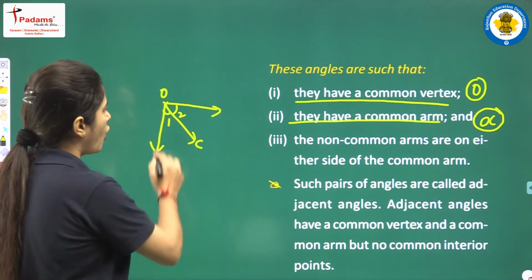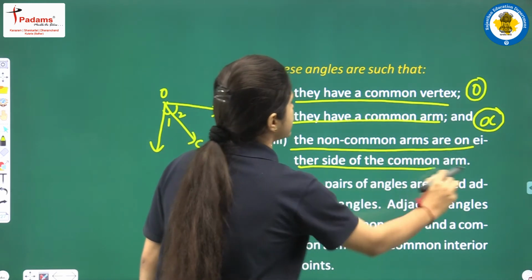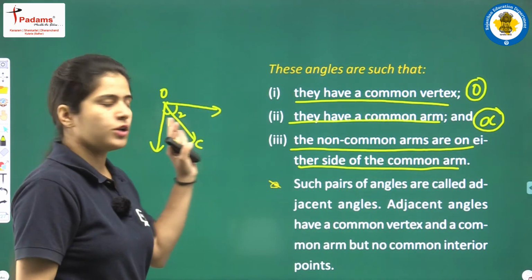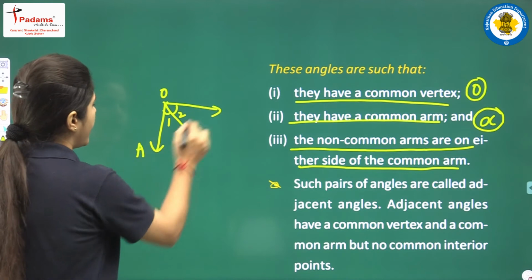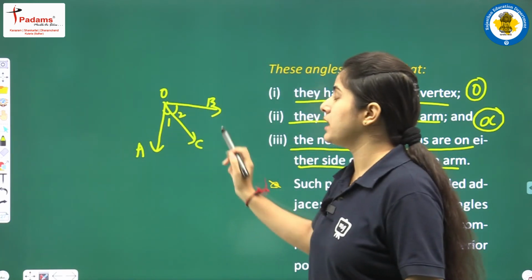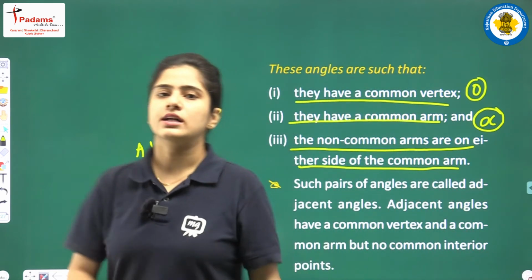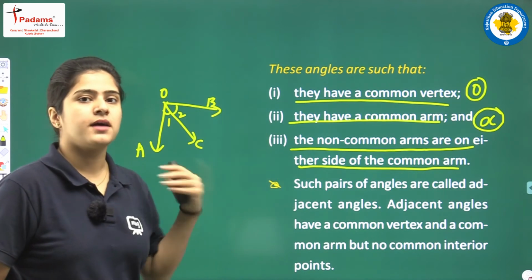Now students, the non-common arms are on either sides of the common arm. The non-common arms are OA and OB. These two non-common arms, that is OA and OB, are on the either side of the common arm. Okay, students. So this is the arrangement of the adjacent angles.